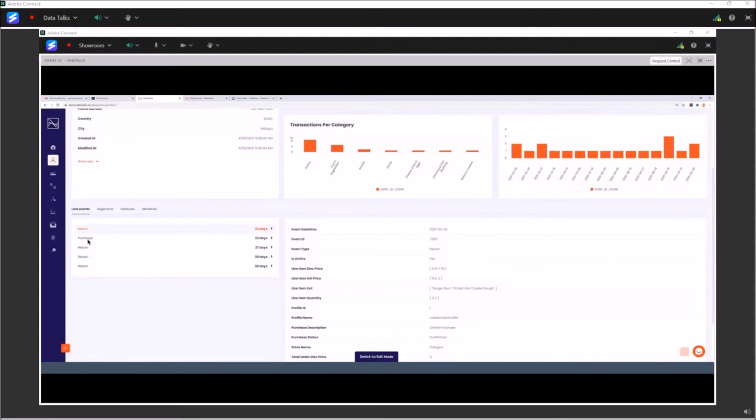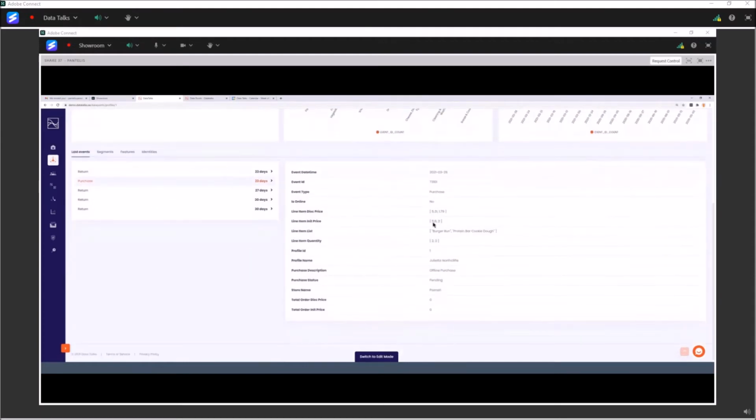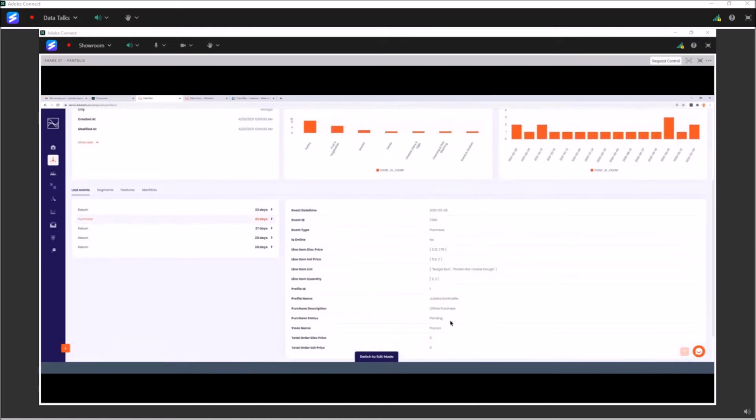Here we can see the different events of this person. It's basically describing the purchase or some return, maybe a transaction. So again, this data is data that you bring here.